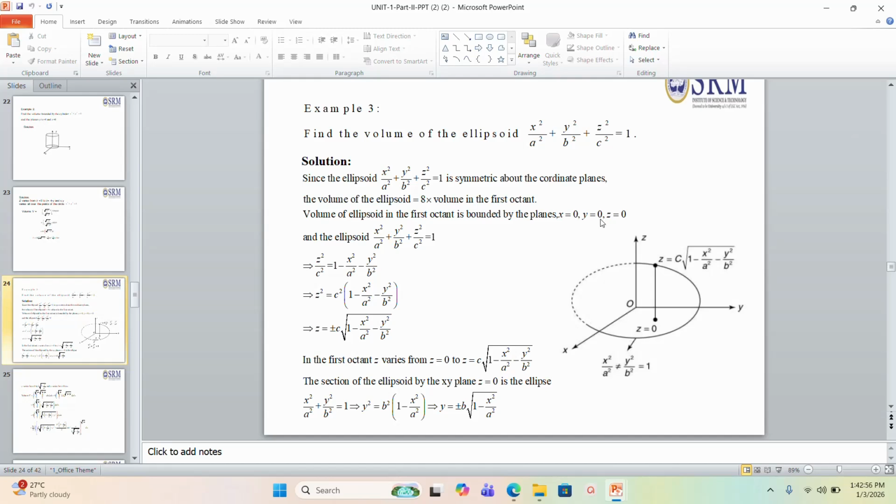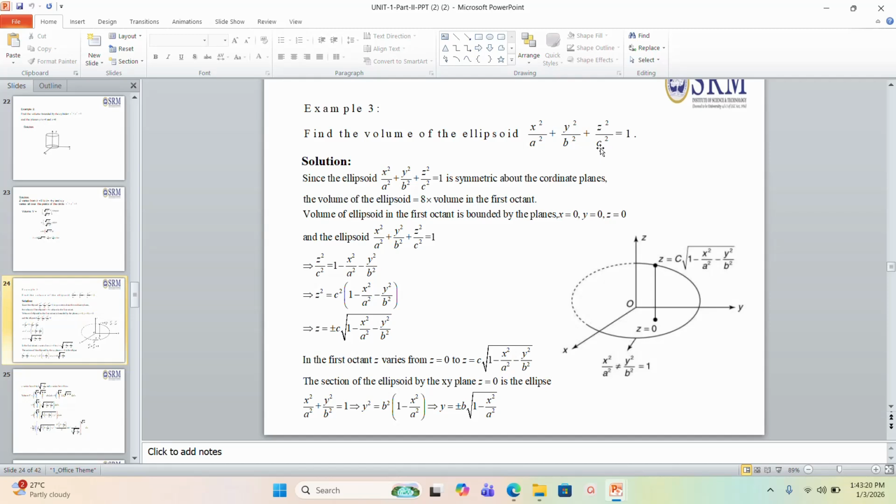Next, we go for the y limits. If z equal to 0, y square by b square equal to 1 minus x square by a square. Therefore, y square equal to b square into 1 minus x square by a square, and y is equal to the square root of b square into 1 minus x square by a square.